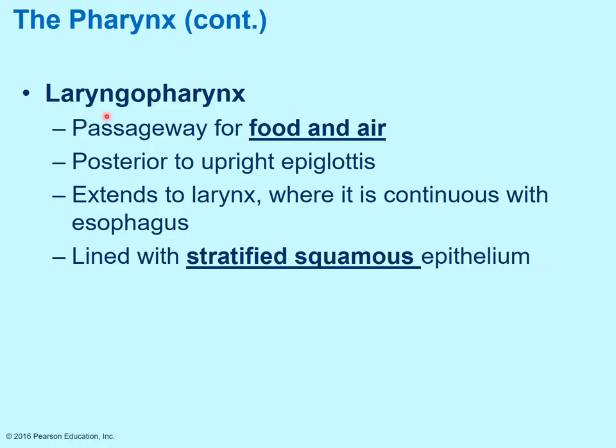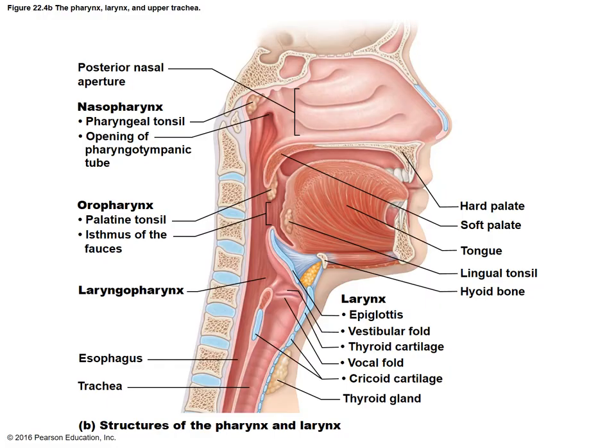The laryngeal pharynx is for both food and air. It is posterior to the epiglottis. Once again, this is showing things such as the palatine tonsils here, pharyngeal tonsils here. Over here, your lingual tonsils, and the three different components of the pharynx.